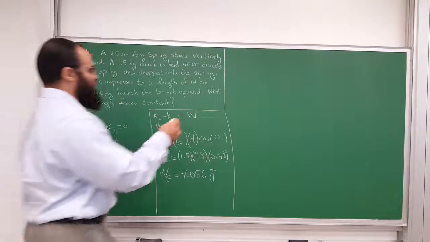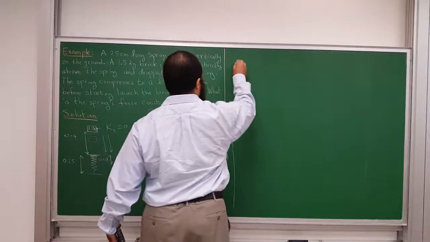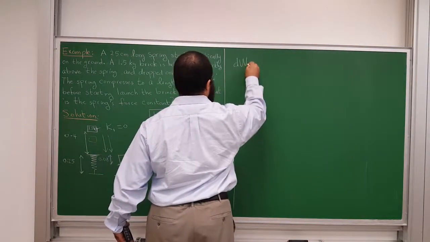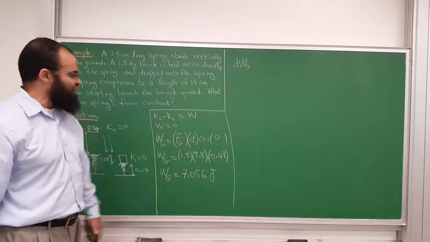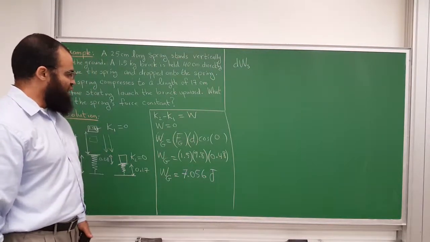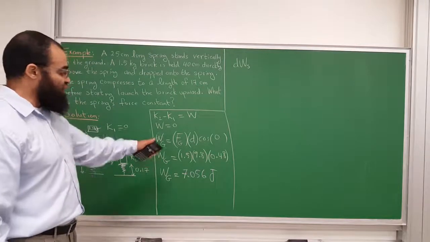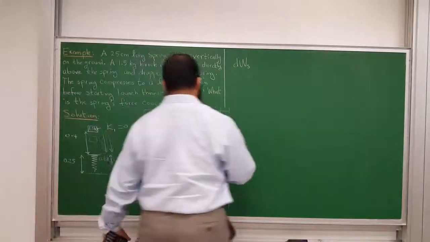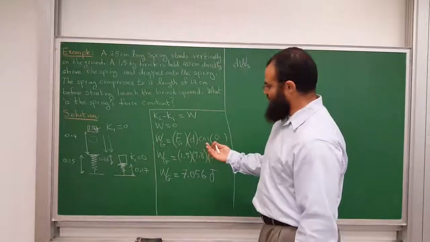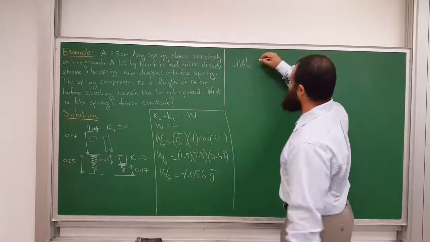Here I didn't have to do dW because the force of gravity is constant near the surface of the Earth. But the force of the spring depends on how far you compress or stretch the spring.